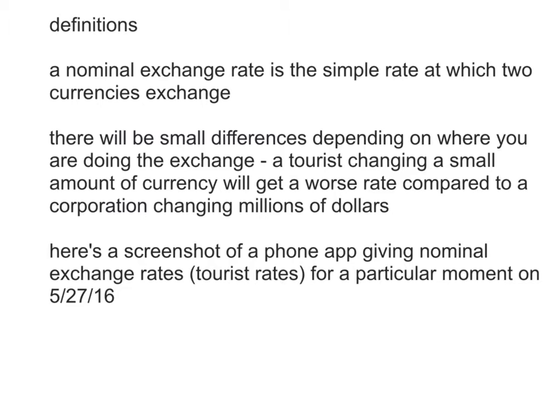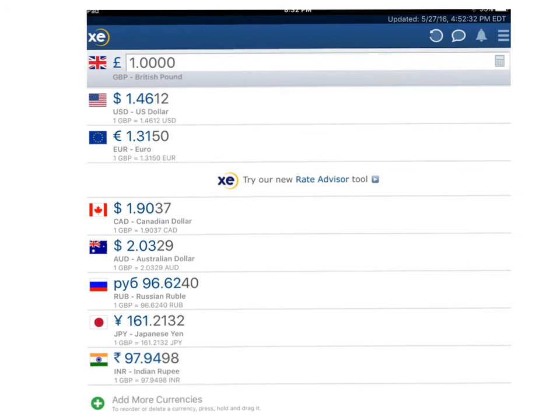Here's a screenshot of a phone app which gives nominal exchange rates at the tourist rate for a particular moment on a particular date. So what you see here is that we have set the app to value one British pound in terms of different potential currencies.